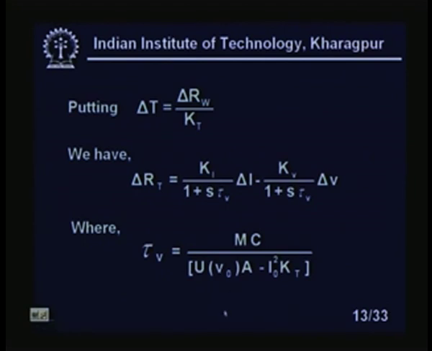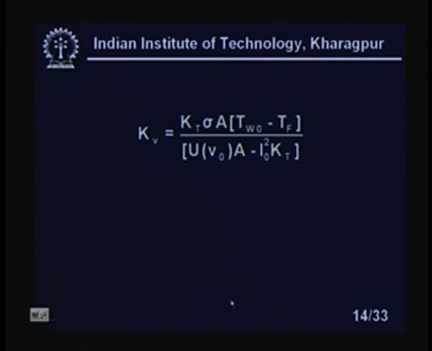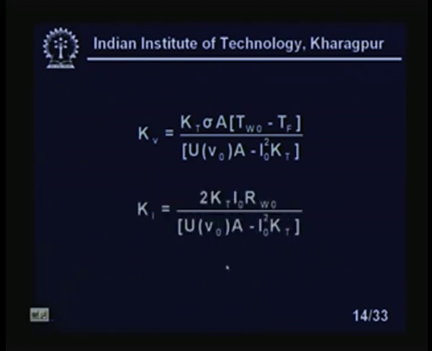Kv we can write as Kt sigma A into TW minus TF over U V naught A minus I naught square into Kt, and Ki equals 2 Kt I naught RW naught over U V naught A minus I naught square into Kt.